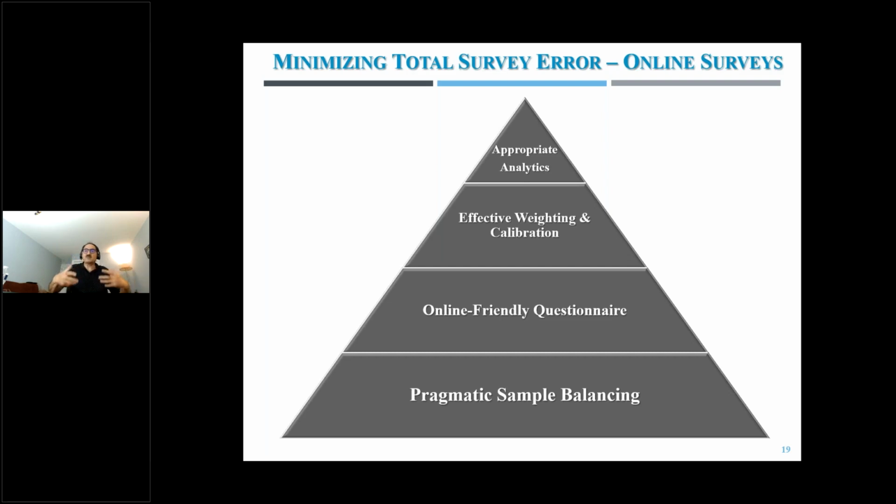In this context, when we talk about hybrid sampling, we are typically talking about supplementing a probability sample with a non-probability sample from online panels, and therefore having an online friendly questionnaire is important. Then the need for effective weighting and calibration becomes more pronounced, and of course you need to be careful about how you go about analytics and reporting.